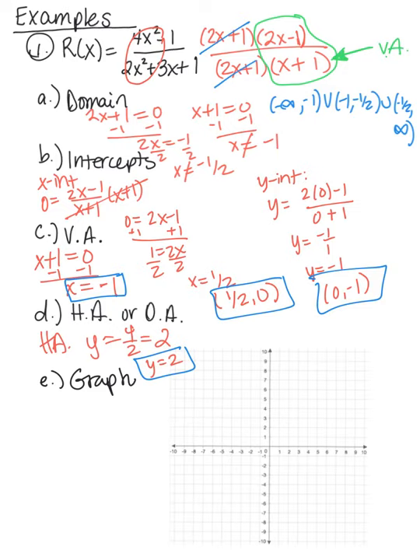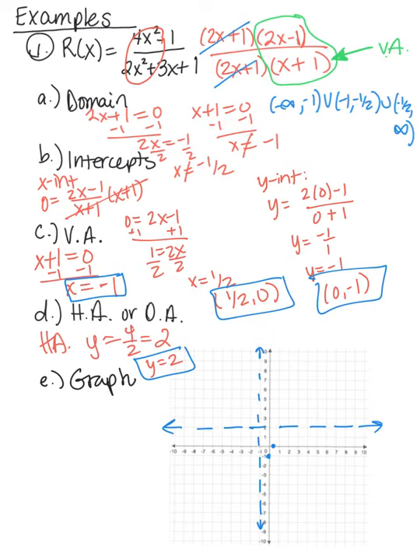So I'm going to go to 1/2 on the x-axis. On the y-axis, I'm going to go at negative 1. I'm going to draw a vertical dashed line at negative 1. I'm going to draw a horizontal dashed line at 2.